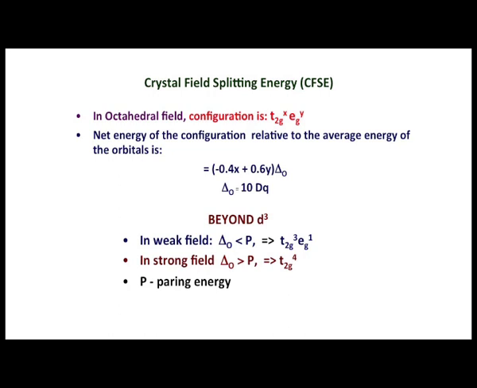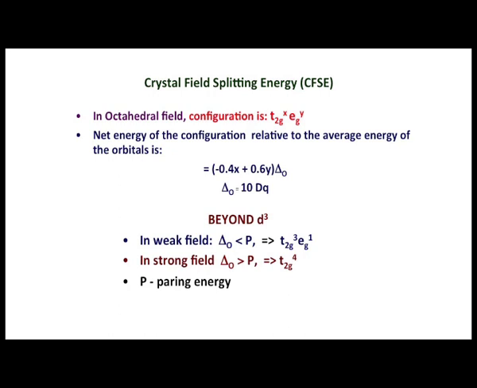the configuration is d4. When the configuration is d4 in the weak field condition, that means our delta value is less than P, where P is our pairing energy. When we go beyond d3, whether the fourth electron will come to the t2g level or go to the eg level, there will be a choice.